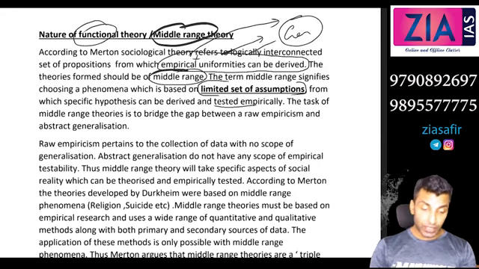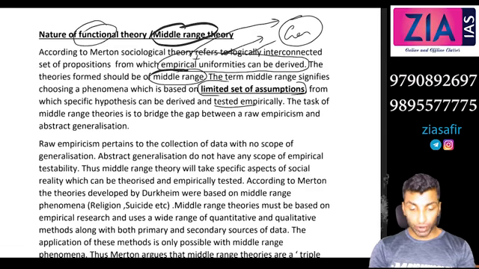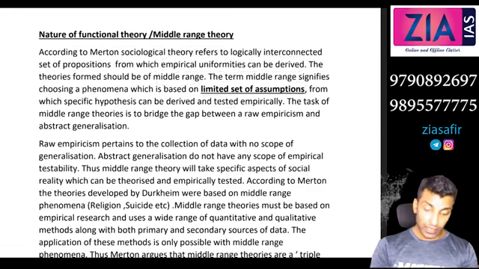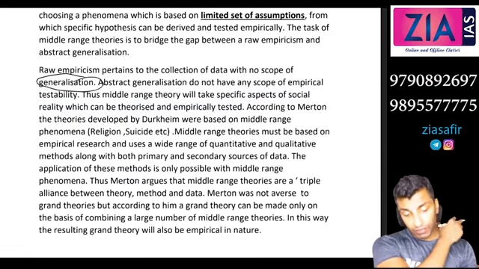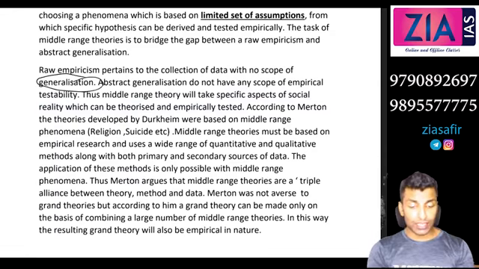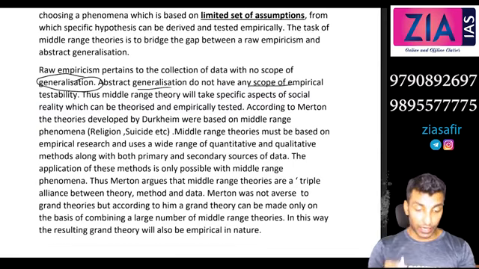The task of middle range theories is to bridge the gap between raw empiricism and abstract generalization. Raw empiricism means just collection of data with very little scope for generalization. Abstract generalization means, like Parsons, no scope of empirical testability.